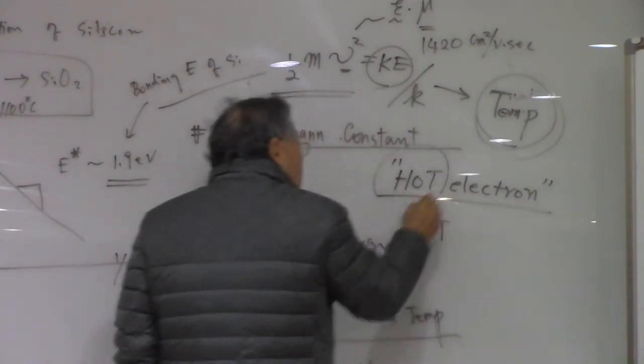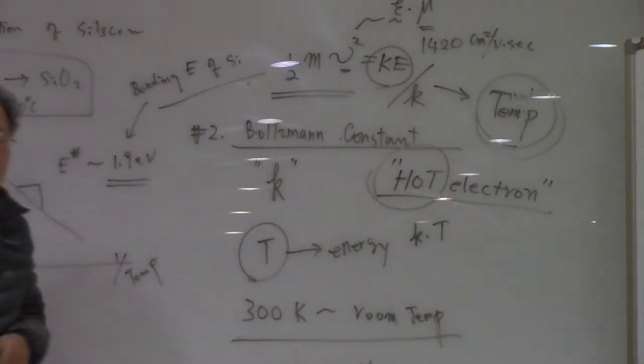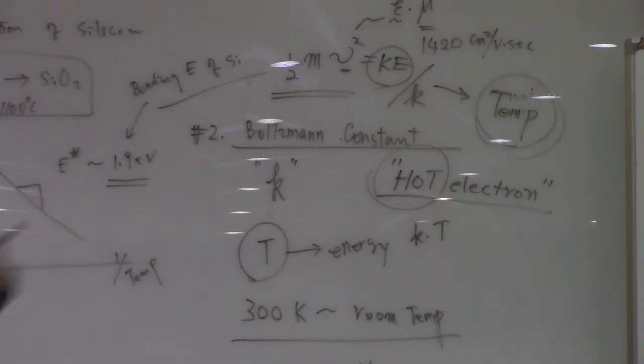The name "hot" is not coming from the temperature, but from the electric field. It happens in semiconductor devices. The devices are micron-sized, so if you apply just 3 to 5 volts, you create a huge electric field, easily 10,000 volts per centimeter.